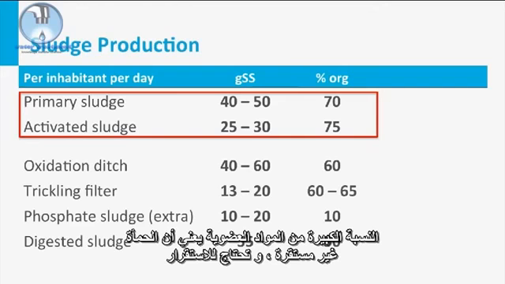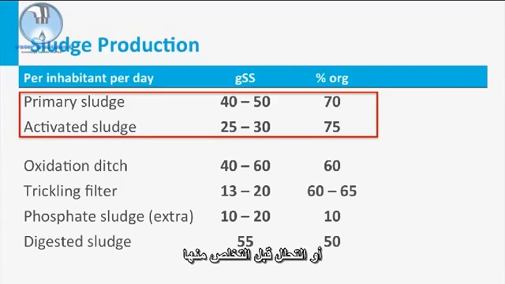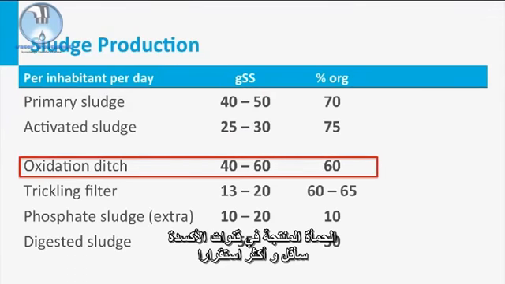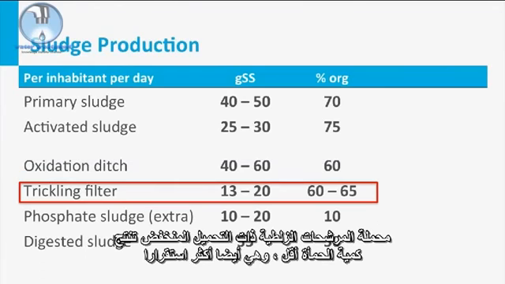A high organic fraction means that the sludge is non-stabilized and requires putrefaction or stabilization prior to disposal. The sludge produced in oxidation ditches is less and more stabilized. Low-loaded trickling filters produce the lowest amount of sludge, which is also more stabilized.